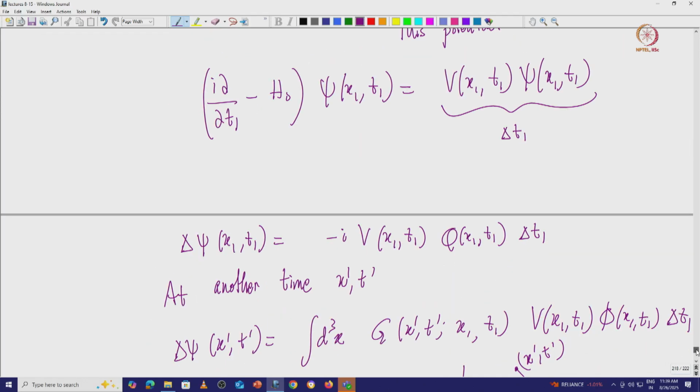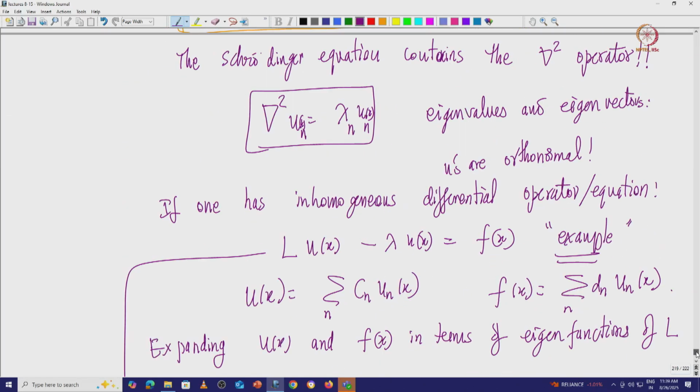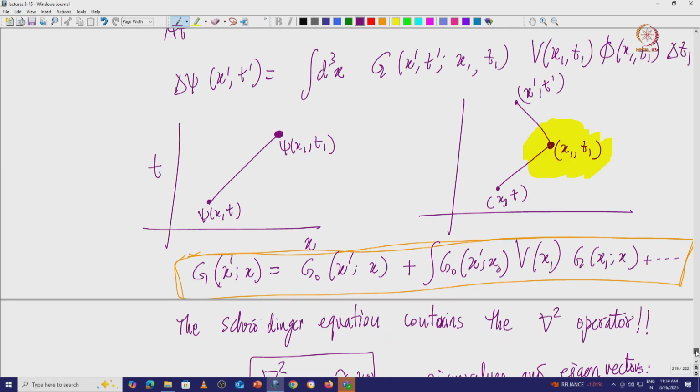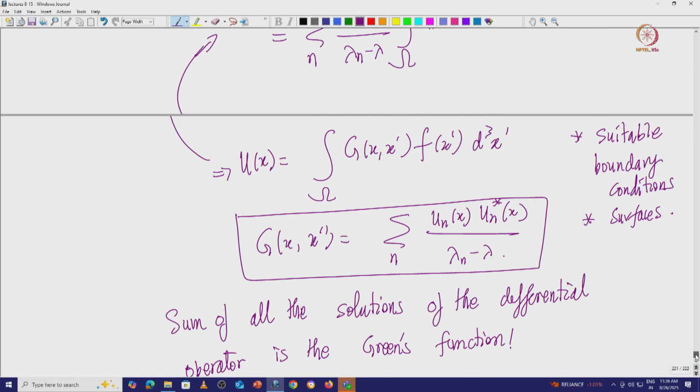This is nothing but what we had written earlier. In general, this is the same thing, psi of x is equal to this.